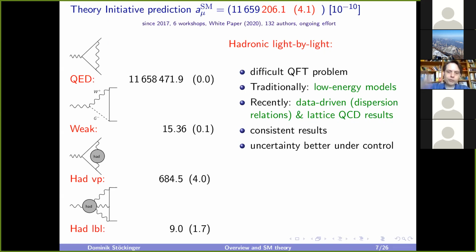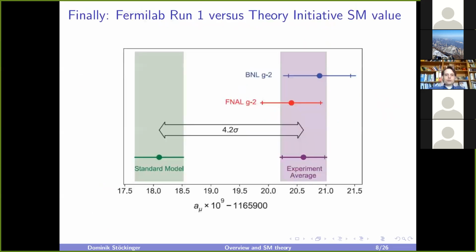All these 3 ways give rise to consistent results. In particular, because of the dispersion relations, one now has quite good control over the uncertainty. So all of this is the theory prediction in the standard model giving rise to this 4.2 sigma deviation.